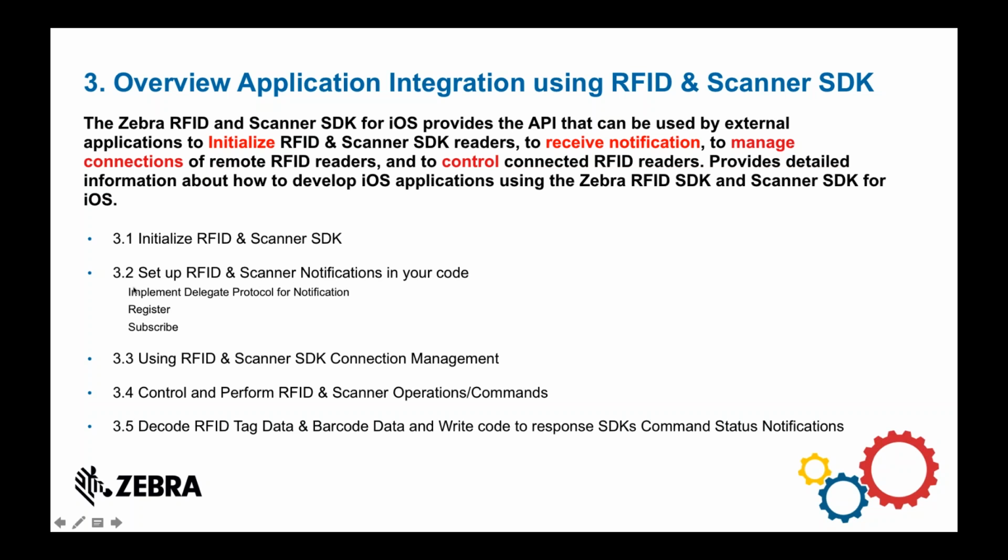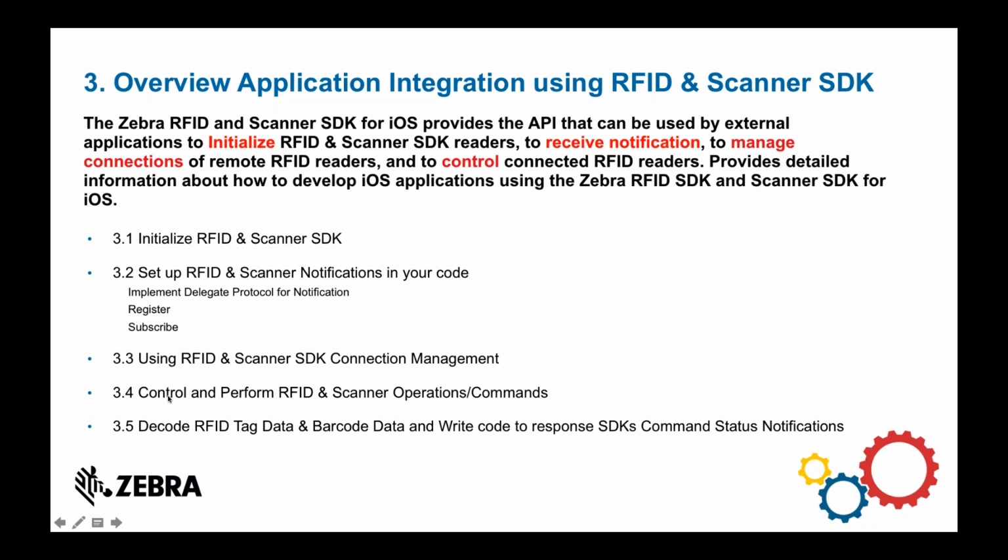Later we'll go through more detail, okay? And step 3, you need to understand reader management. You will use the reader management API to manage your RFID and Scanner connections.